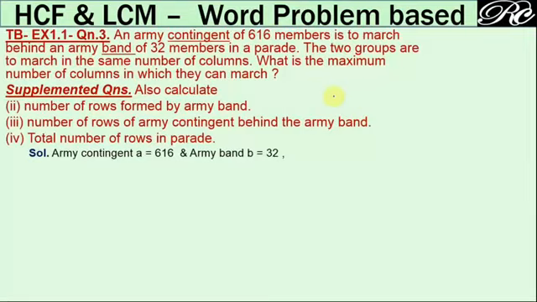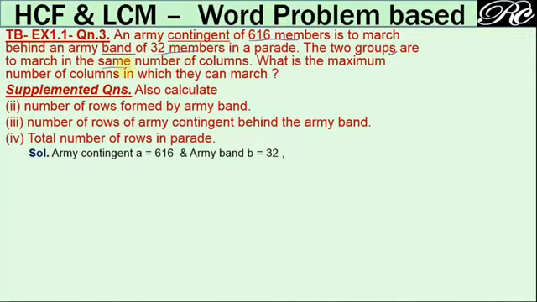So it is a question taken from the textbook, exercise 1.1, question number 3. The question is like this: an army contingent of 616 members is to march behind a band of 32 members in a parade. The two groups are to march in the same number of columns.